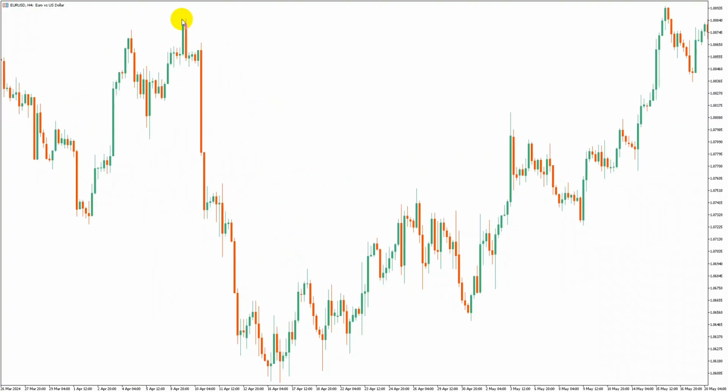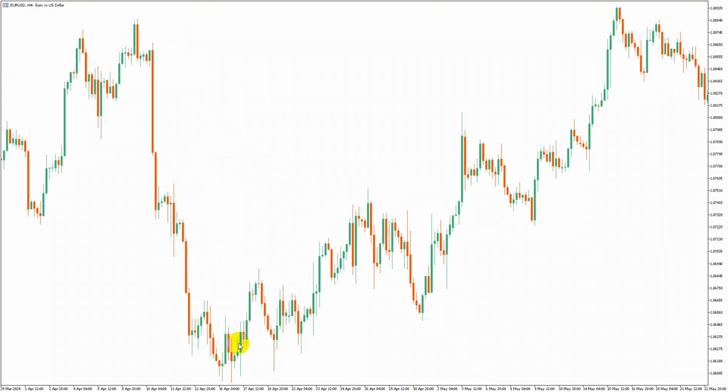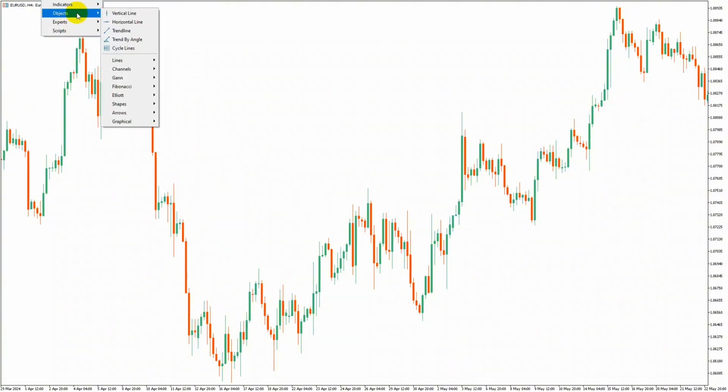We see that the market has been in this drop for a couple of hours, and then we tend to see a reversal starting from this point. Let me get my tools out. Reversal starting from this point.